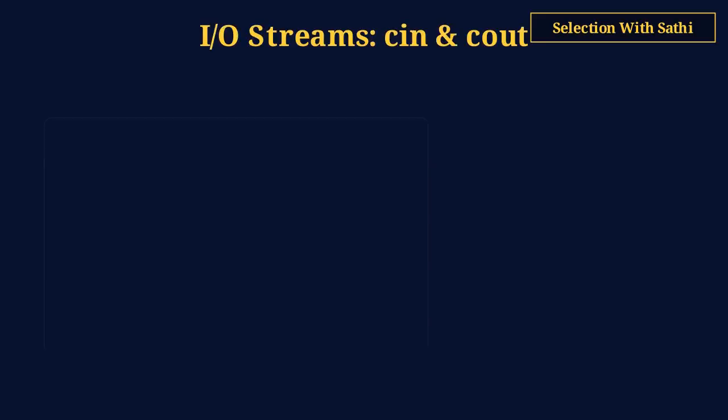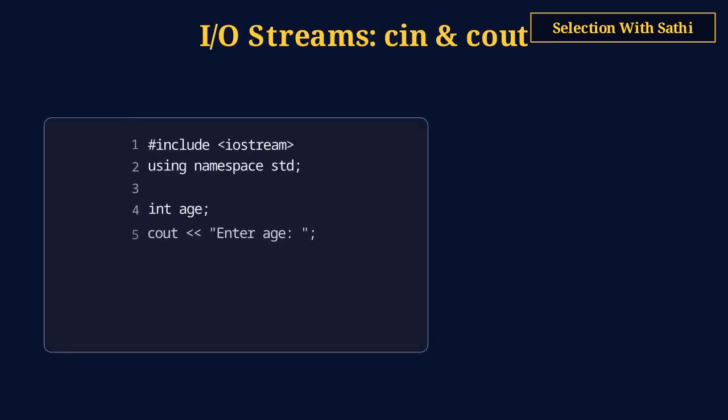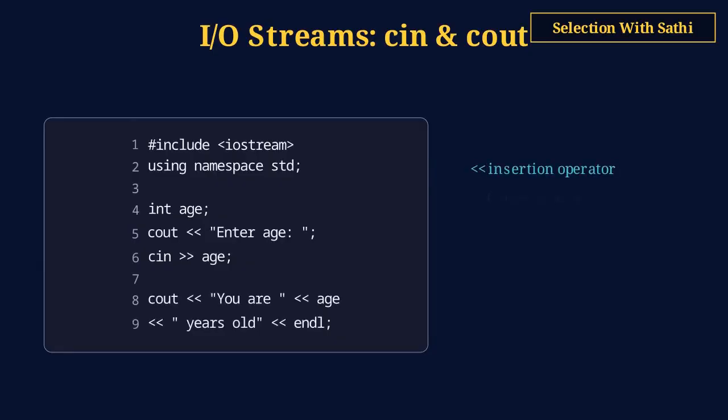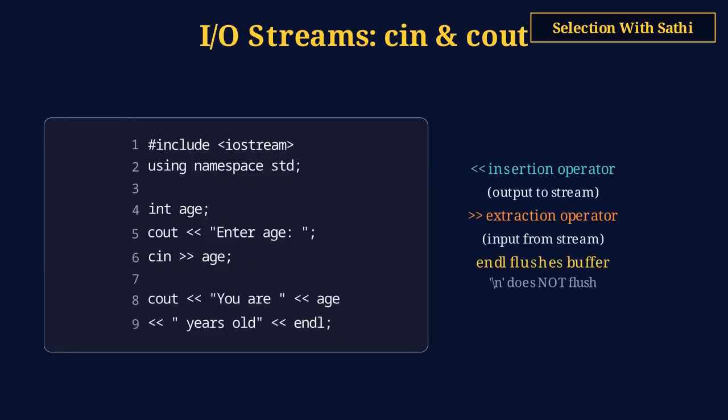Third concept, cin and cout. Cout is the standard output stream. You use the insertion operator, <<, to send data to it. It is type-safe, no format specifiers needed. The compiler knows the type automatically. Cin is the standard input stream.